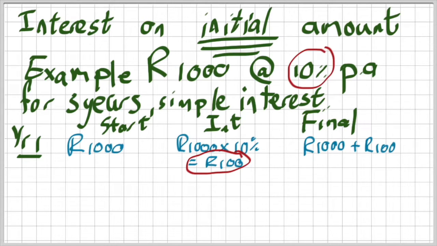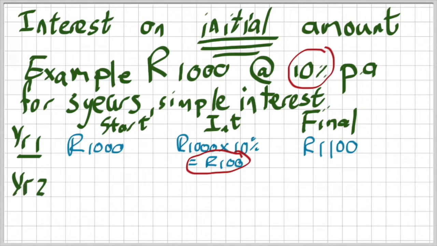Interest is an actual amount that you get back or get charged by the bank. The difference between our starting and end values is the amount of interest. Therefore, I'm ending up with 1,100 Rand.